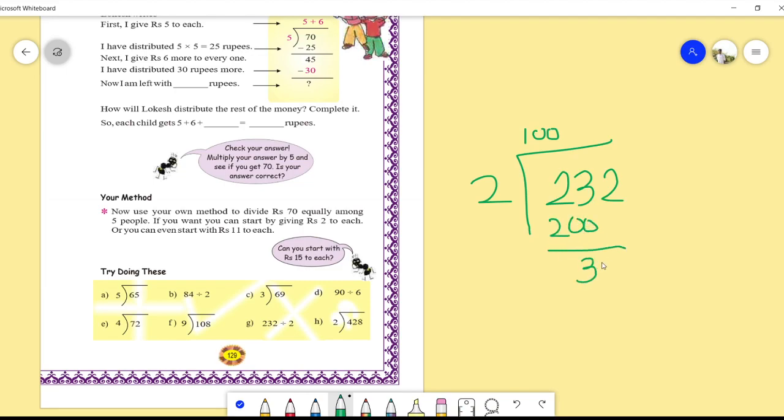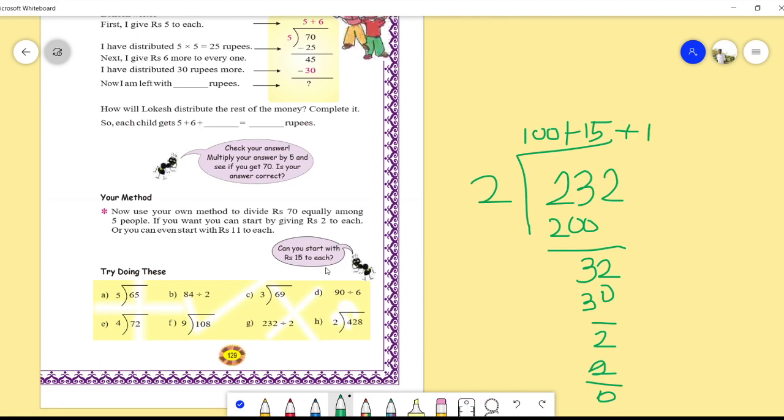So the remainder will be 32. Now again let's go for, for example, 15. So 15 into 2 will be 30. So 2 will be remaining here. Then plus 1. 2 ones are 2. So here you will get remainder 0.